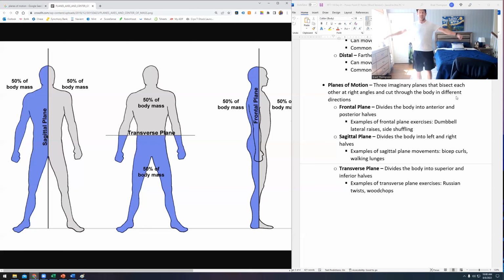Lateral raises, leg abductions, side lunges, and lateral band side shuffling are frontal plane movements. Moving my head side to side is a frontal plane movement. Anything where I'm moving side to side is considered frontal plane.